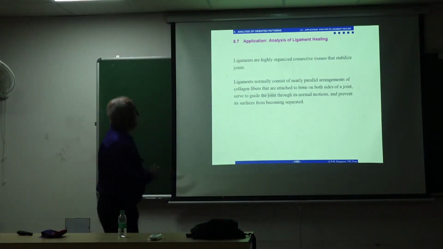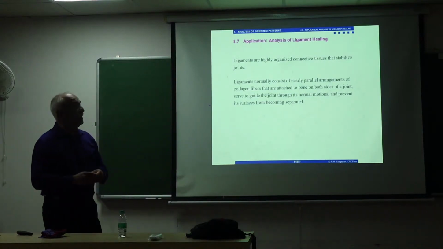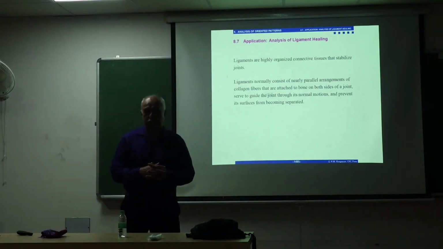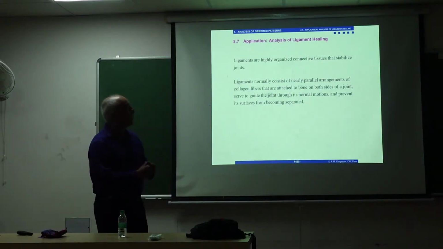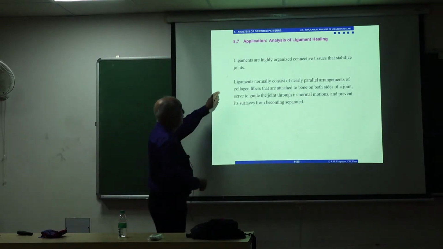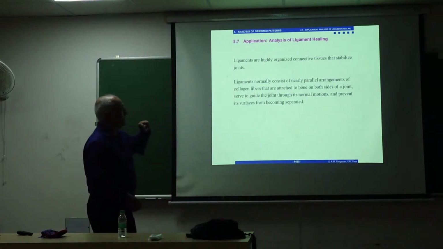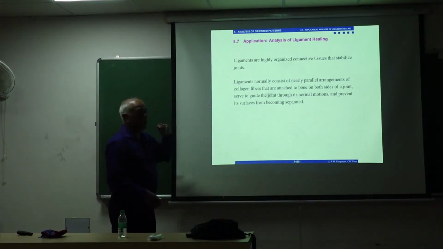So I've already said ligaments are highly organized connective tissues that hold bones together across a joint and hold the joint together. They consist of nearly parallel arrangements of collagen fibers that are attached to bone on both sides of a joint.